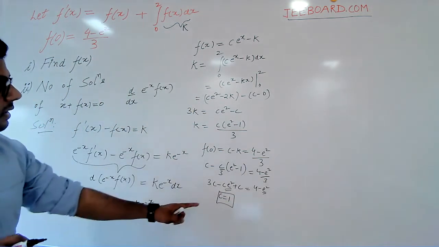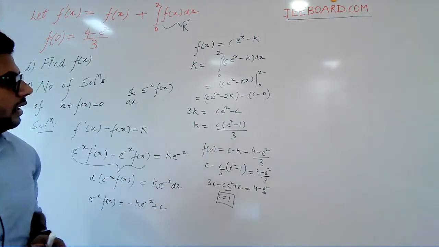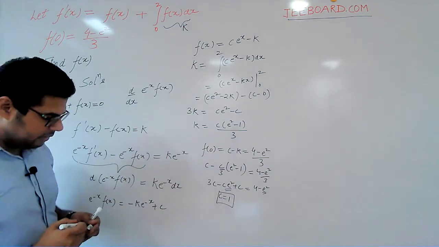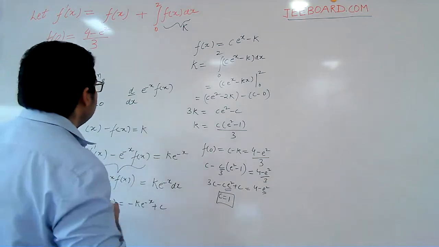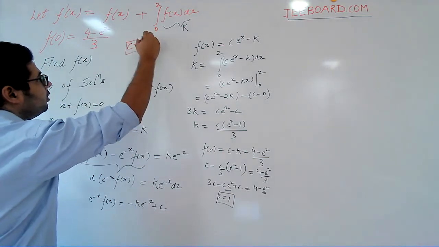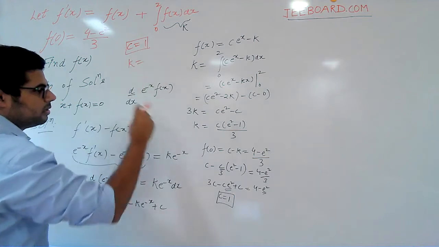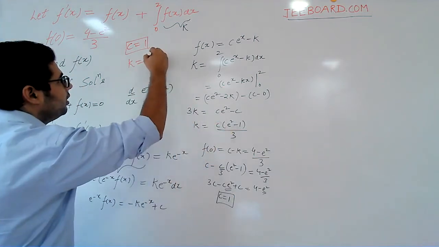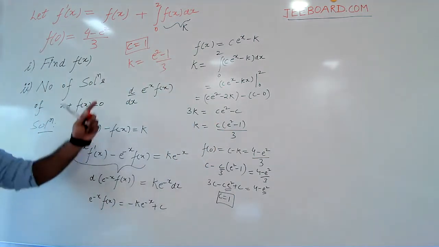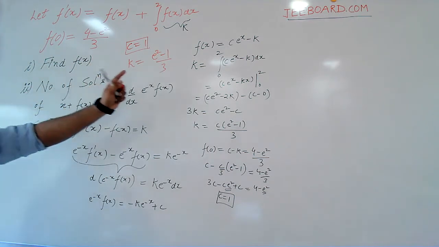right? So when the value of c is equal to 1, you can get the value of k. So now we have got the value of c as equal to 1. So the corresponding value of k comes out to be (e square minus 1) by 3, right? So now this is the function that we are having.